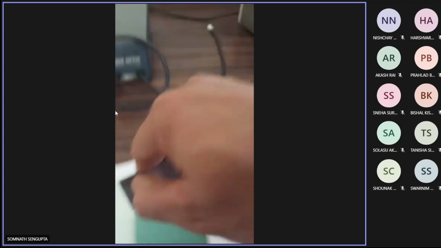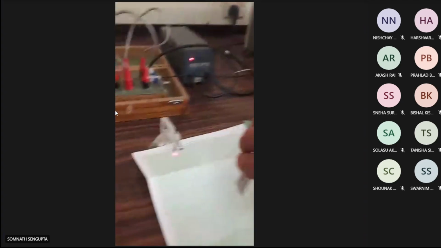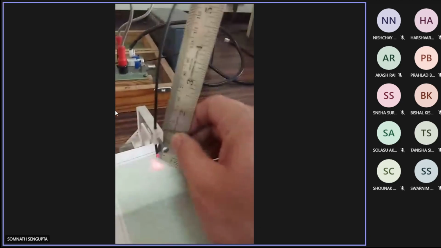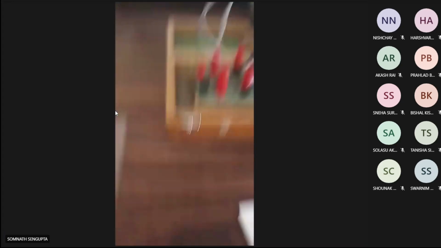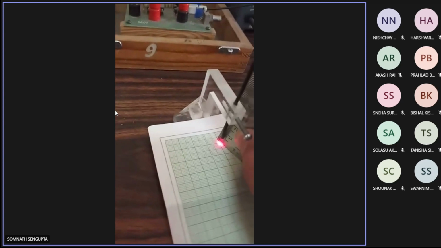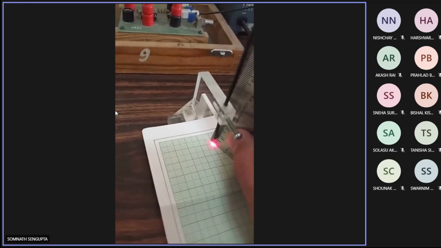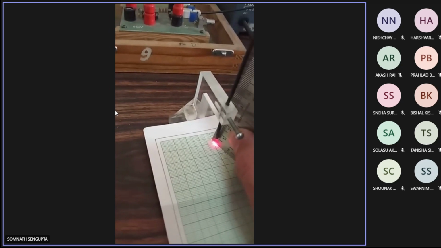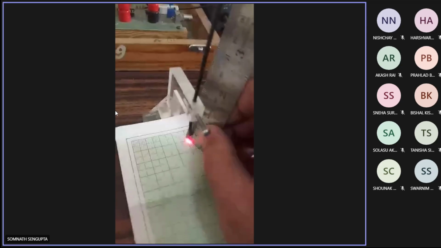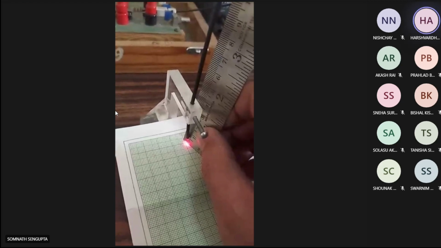So keep the distance at 0.5 centimeters. I have kept the distance of 0.5 centimeter from the fiber end to the paper. Do you see this? Yes, sir.